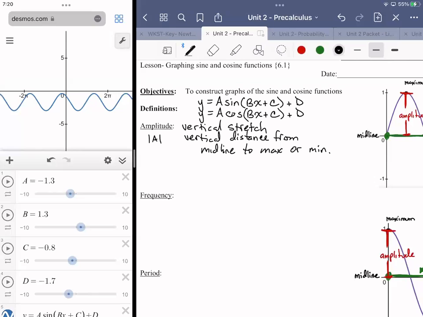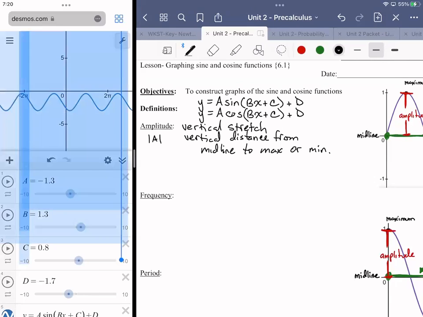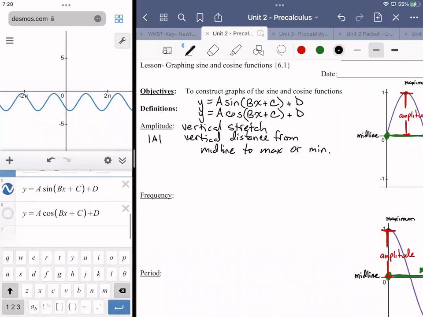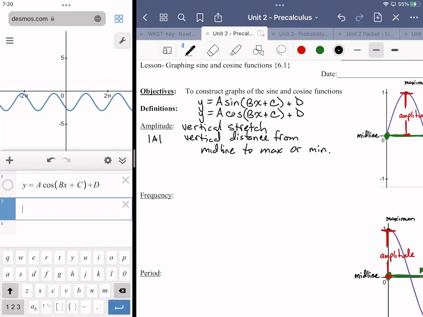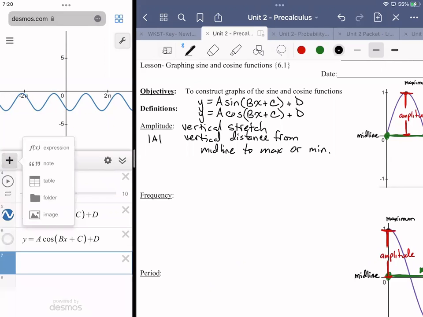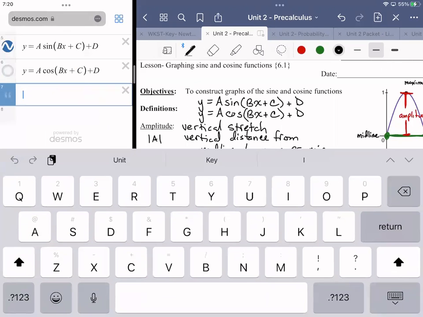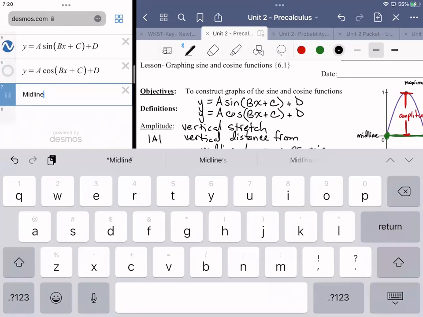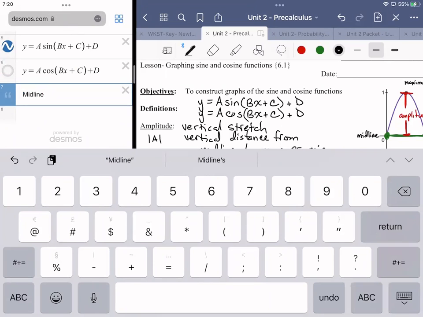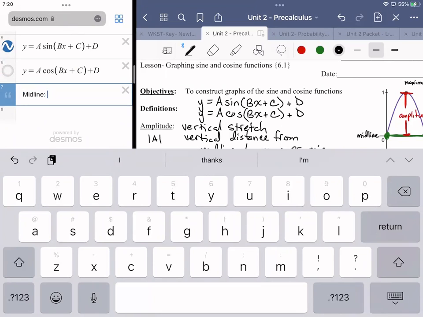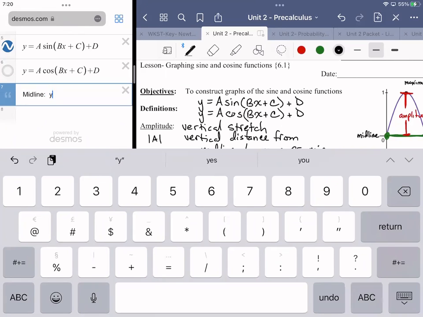All right. So I can just pop in the midline. So I'll just put that here. A note. The midline will always be y equals whatever the d value is.